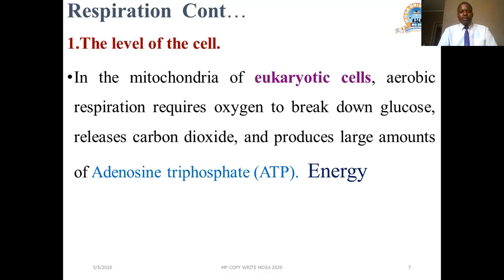larger amounts of energy. So, like I said, the cells require oxygen for aerobic respiration to take place so that they can break down glucose. When glucose is broken down, the cells undergo various chemical reactions.